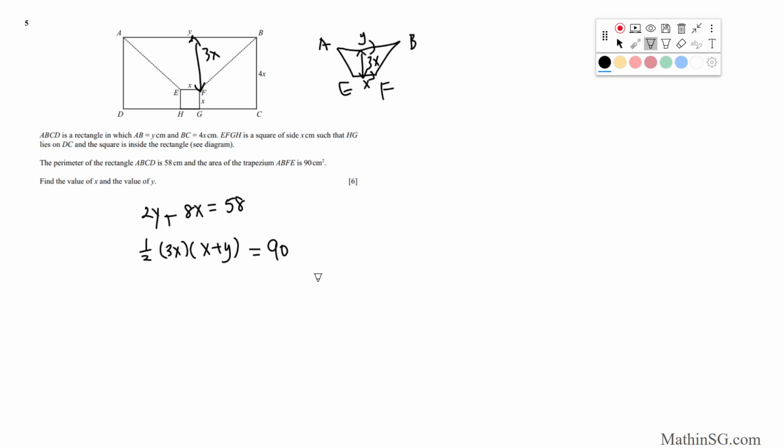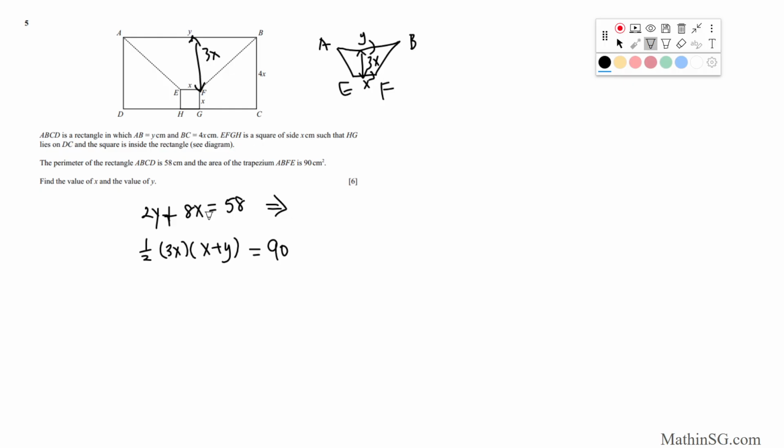So you're asked to find x and y. This question is on solving simultaneous equations. In order to solve simultaneous equations, I need to make use of the linear equation, that means those that have powers of x and y being 1, and then make one of them the subject.